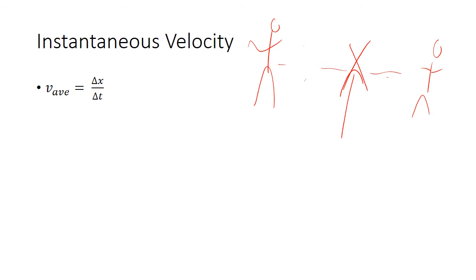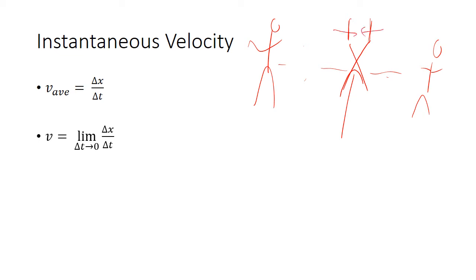So you measure velocity as delta x over delta t, so displacement. Velocity, you have to have a displacement. You don't get a velocity if you're not moving, if you're not changing anything. There's a displacement over a certain amount of time. So what we want to do is have that time interval get very, very small.